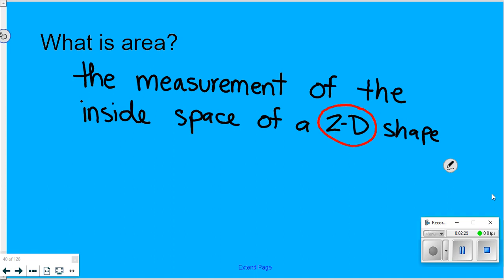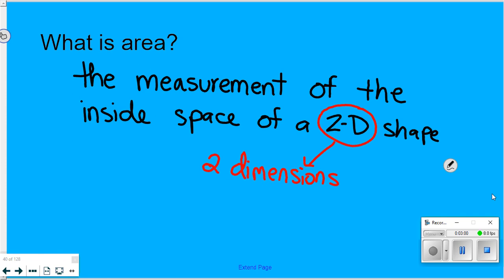2D stands for two dimensions. Why is it called 2D?